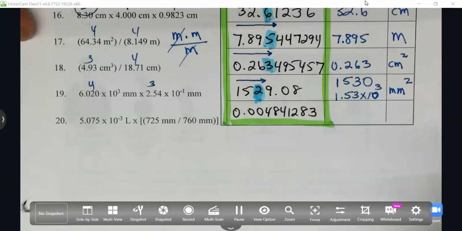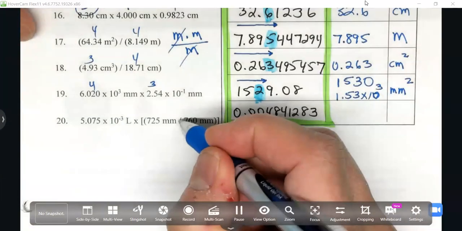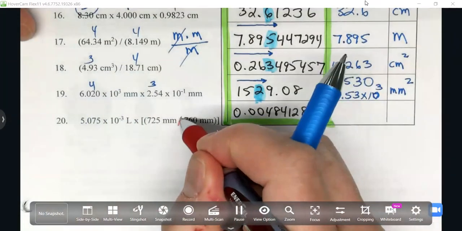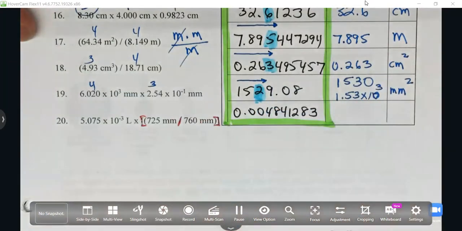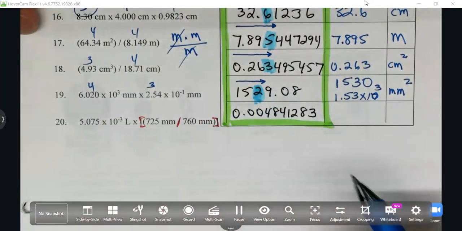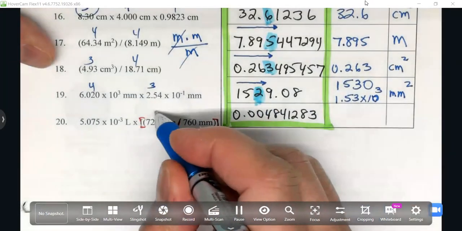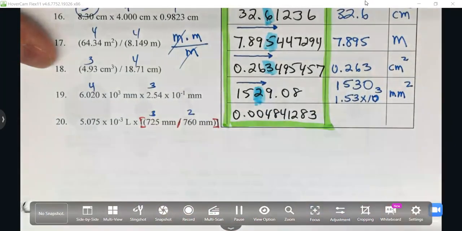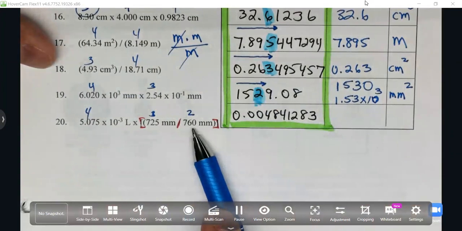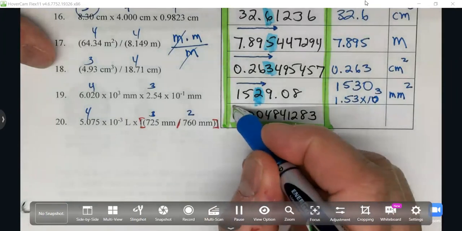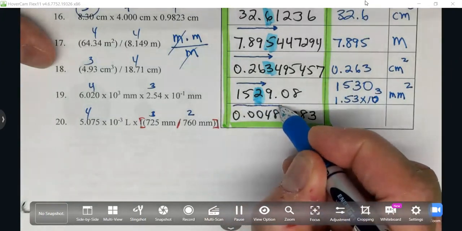In number 20, this is a division here, and this is in brackets. You would do this first. So this has 3 sig figs, that has 2, and this has 4. So it's all multiplication and division. So we're going to round this to 2. Those zeros do not count.